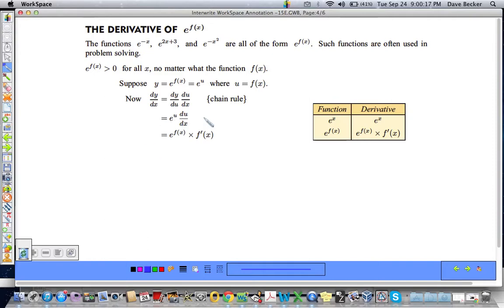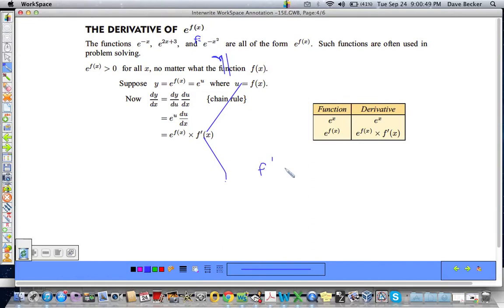But for e to the f of x, the derivative of e to the f of x is equal to e to the f of x, again, itself, multiplied by the derivative of this function here. So for example, let's say f equals e to the negative x squared.